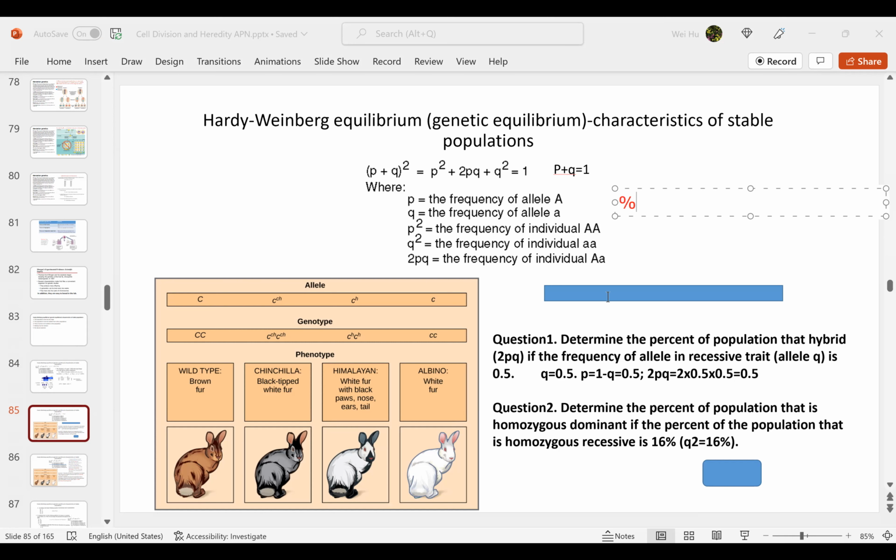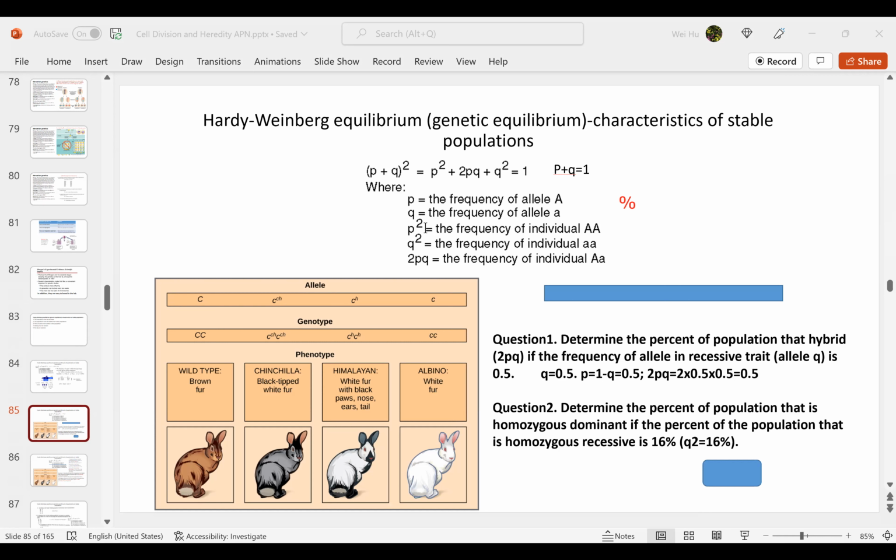Q is the frequency of the recessive allele small a. Again, percentage. These two you can treat as being in the germ cells because you only have one copy of the allele.